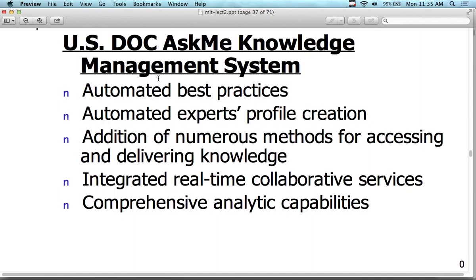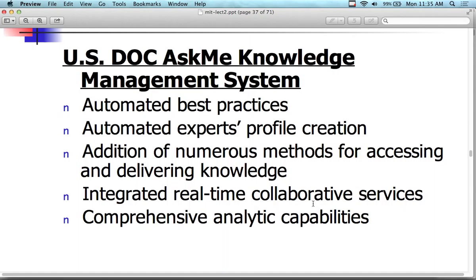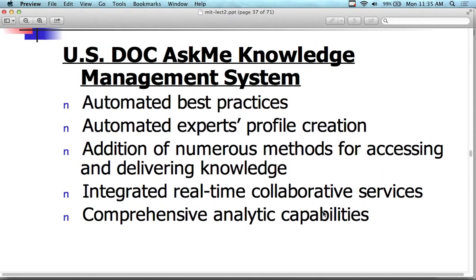So what does this give us? It gives us these automated best practices, and it gives us these automated expert profile creations. And then we have the additional numerous methods for accessing and delivering knowledge. Then we have integrated real-time collaborative services that we can offer, and comprehensive analytical capabilities from the system.